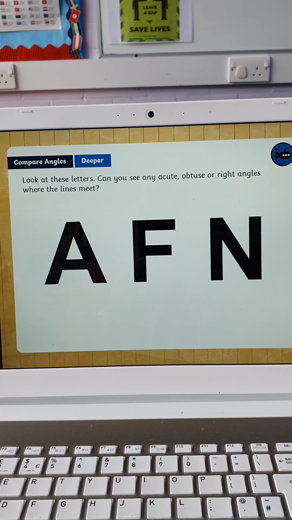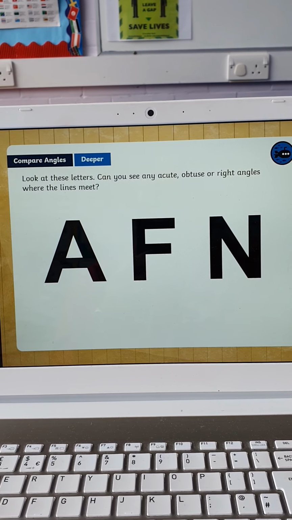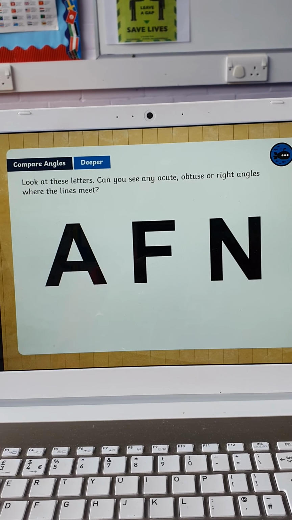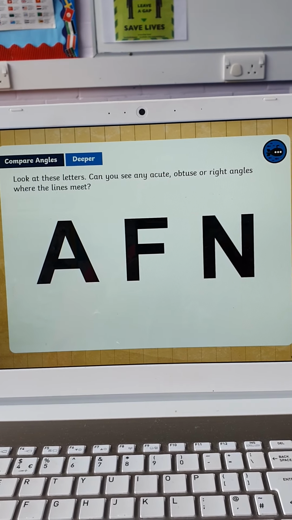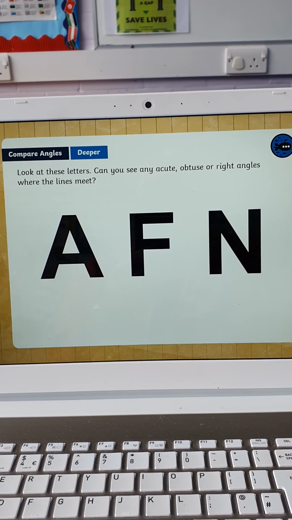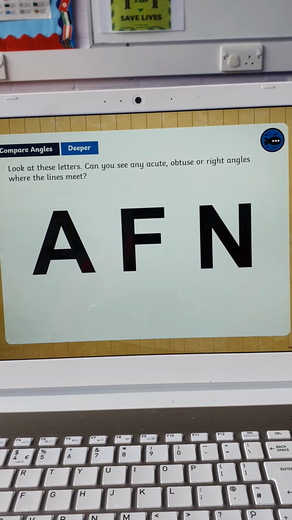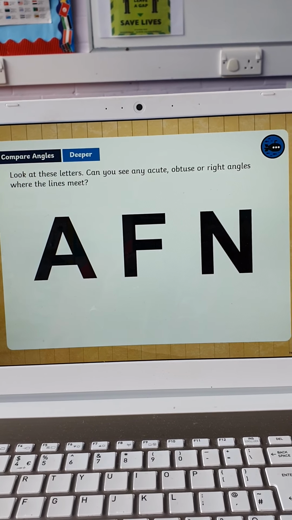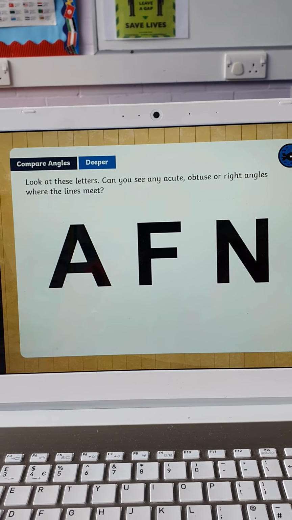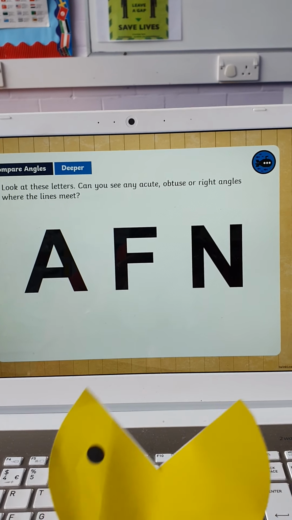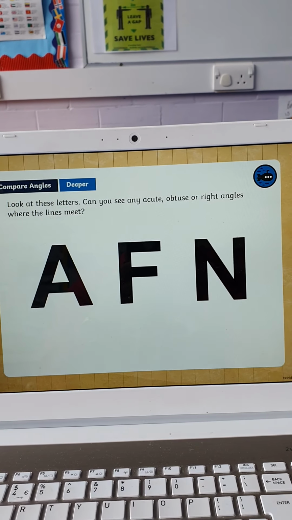Here are some letters, and where the lines of the letters join, you can see some angles. There are some acute angles, some obtuse angles, and there's also some right angles. You can use your right angle finder to identify them.